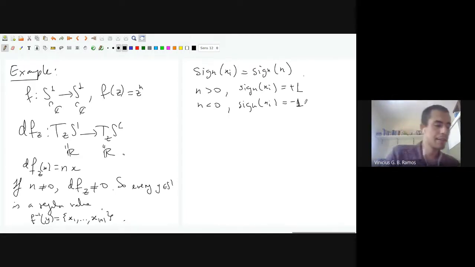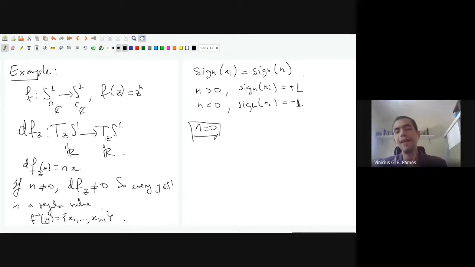And if n equals 0, that's an interesting case. It's kind of like what you asked, Marcelo, but it's the easiest possible case. If n is 0, then this function is constant: f of z is always equal to 1, and of course df_z is equal to 0. So that means that 1 is a critical value.